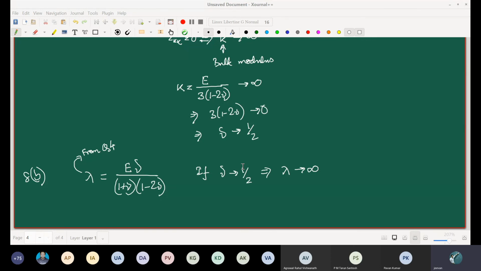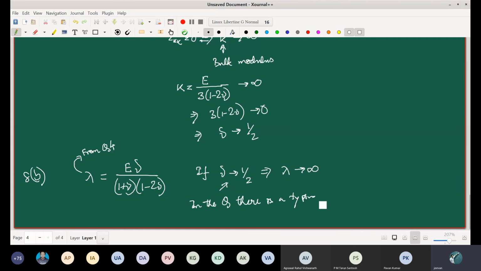So a typing mistake in the question. This thing is wrong. It should be nu tends to half.